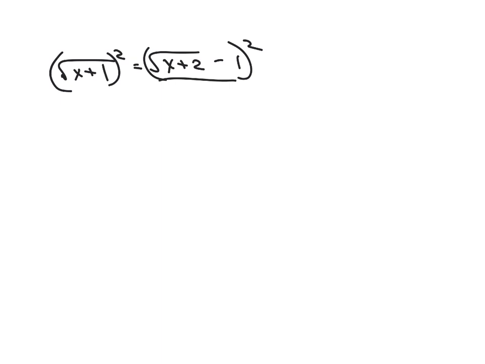This one's going to be a little trickier to square, but let's just take it as it comes. So that's x plus 1. And then I'm just going to write it out, x plus 2 minus 1 times that.